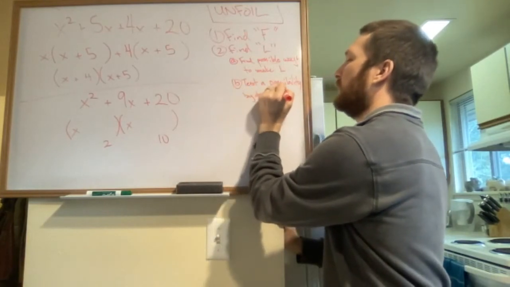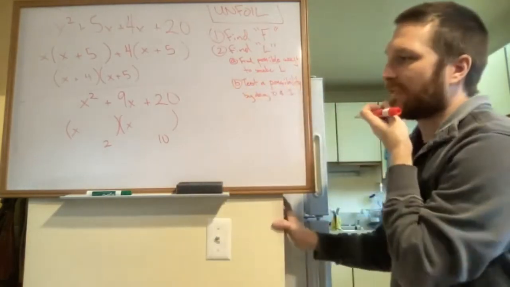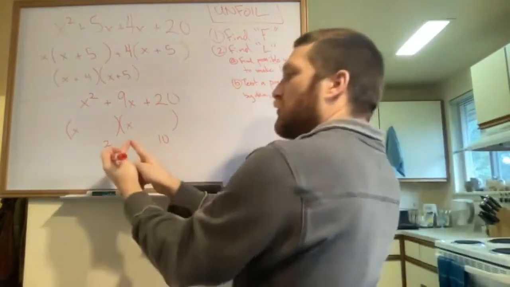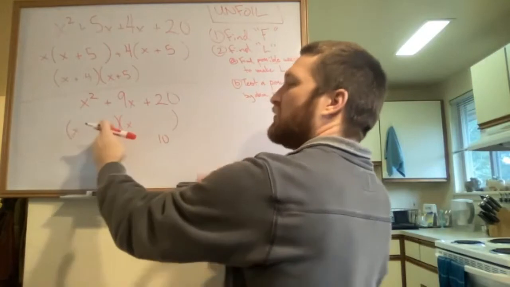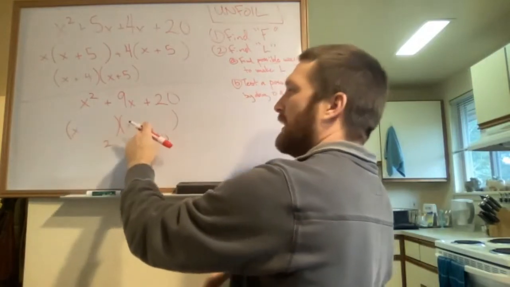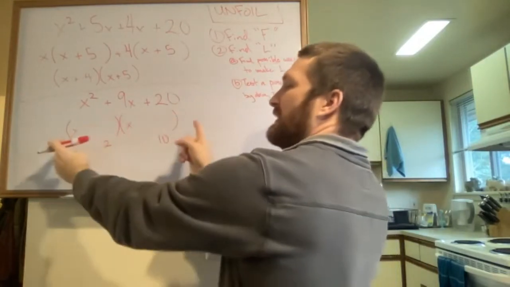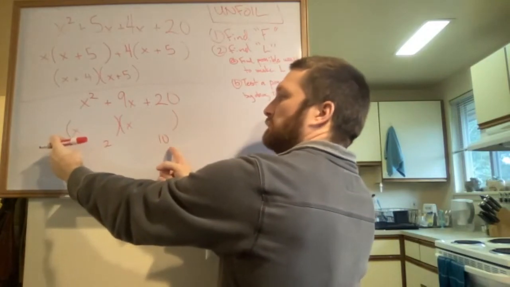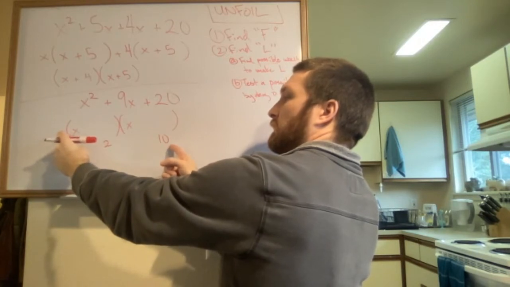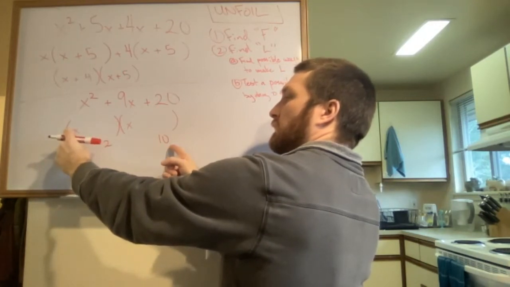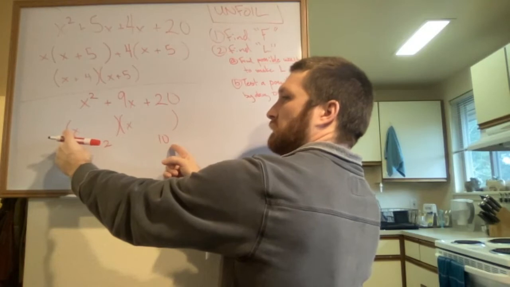So there you go. Now we're testing a possibility by doing the outer and inner multiplications. We're imagining that we have x either plus or minus 2 and x plus or minus 10. If I did my outer, what would I get? X times 10, 10x.